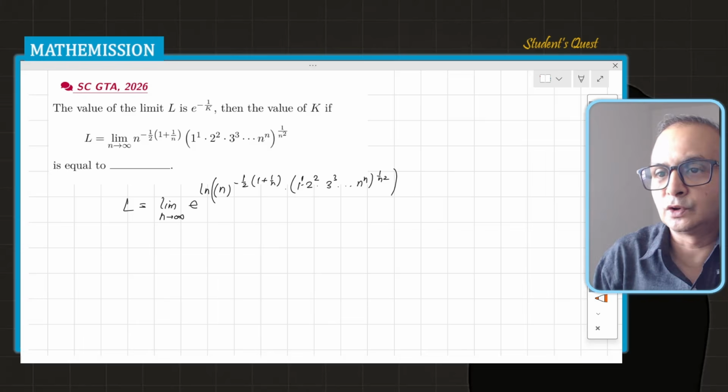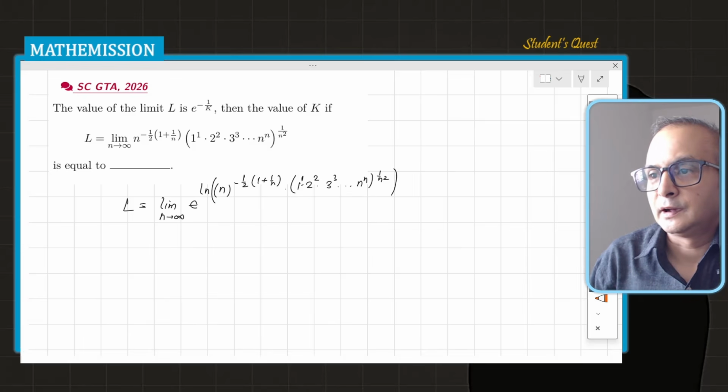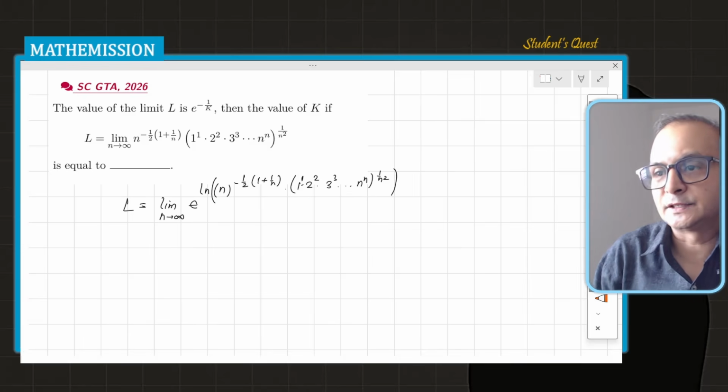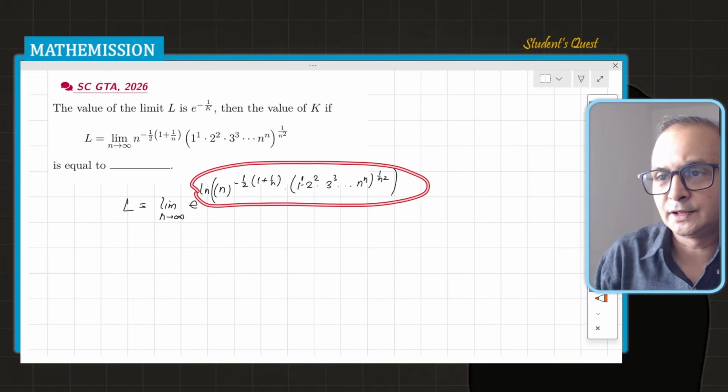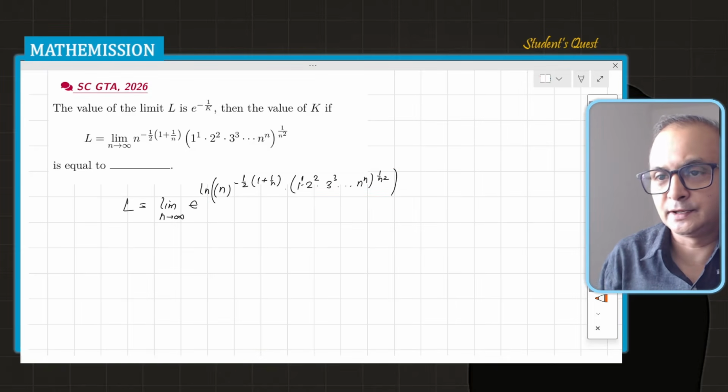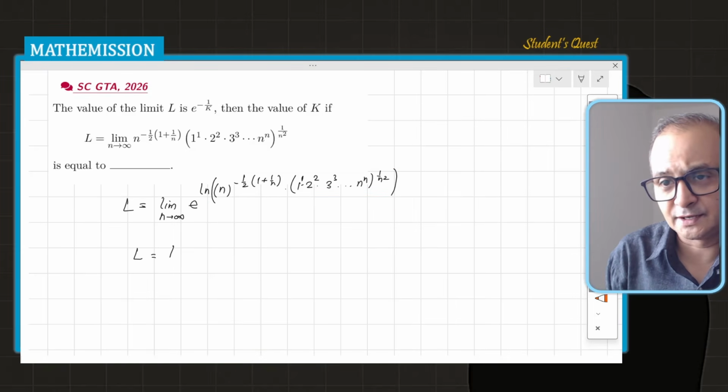So let's call this whole thing p, because if the log is useful, we can use it. So I'm calling this entire thing p. So basically this L will turn into limit n tends to infinity e to the power p.